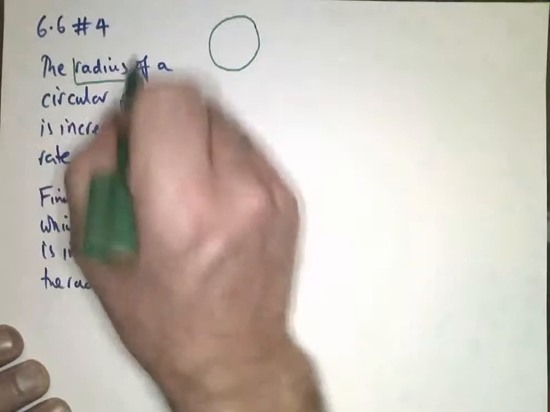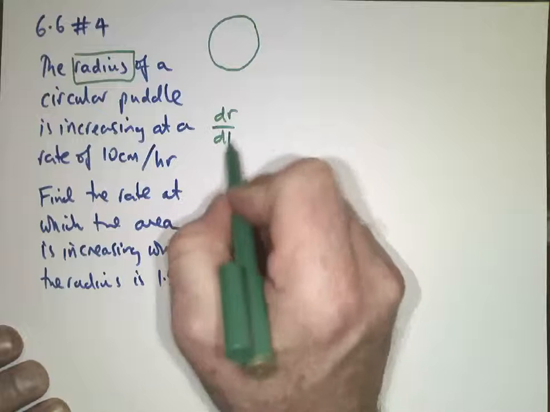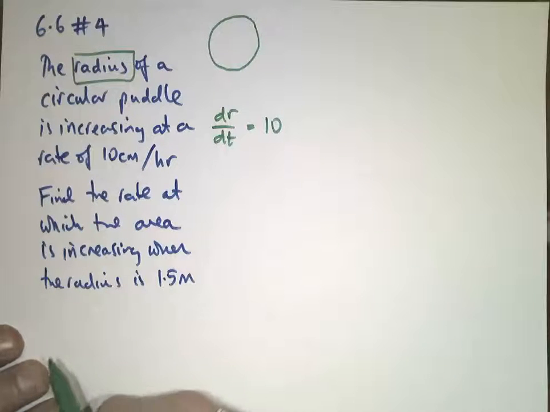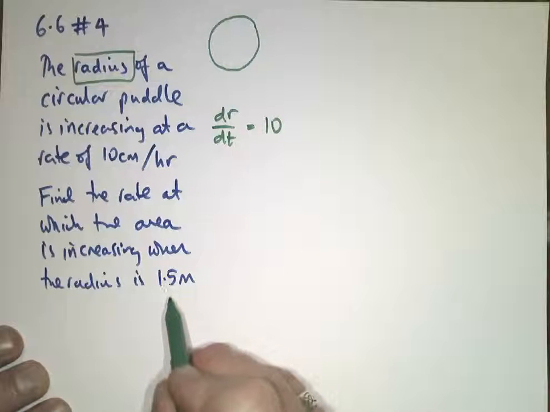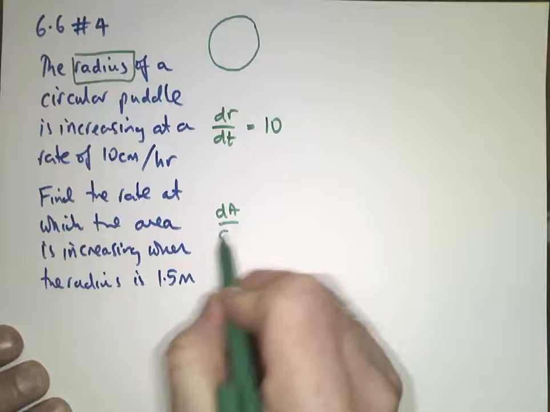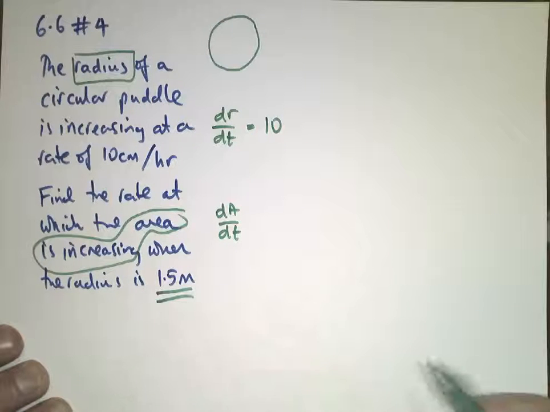It's the radius that is changing, so dr/dt is positive 10, centimeters per hour. Find the rate at which the area is increasing when the radius is 1.5 meters. So it's asking for dA/dt.